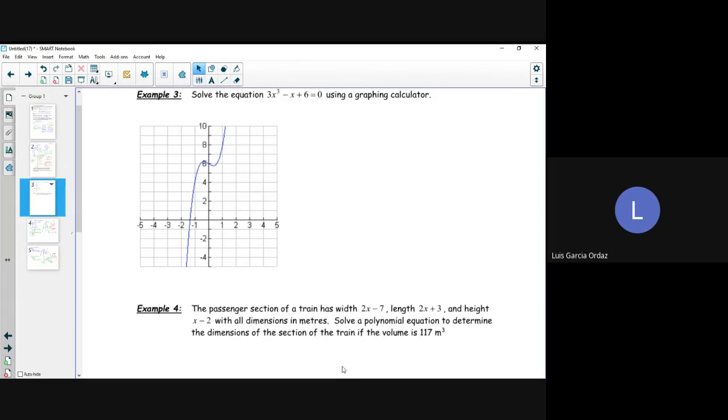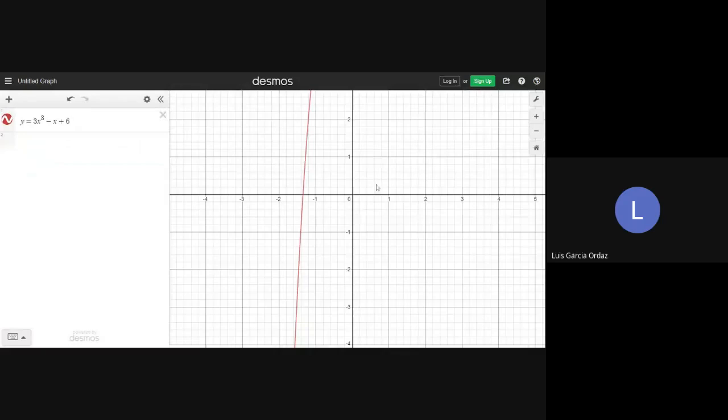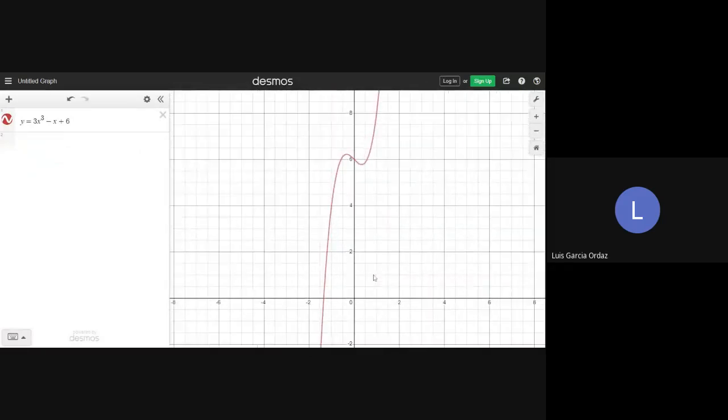So the next example, we're going to solve the equation 3x^3 minus x plus 6 using a graphing calculator. I already did this for you guys, so I'm going to share the screen. It's the red one, the first one I did. For example 3, how many roots are there?